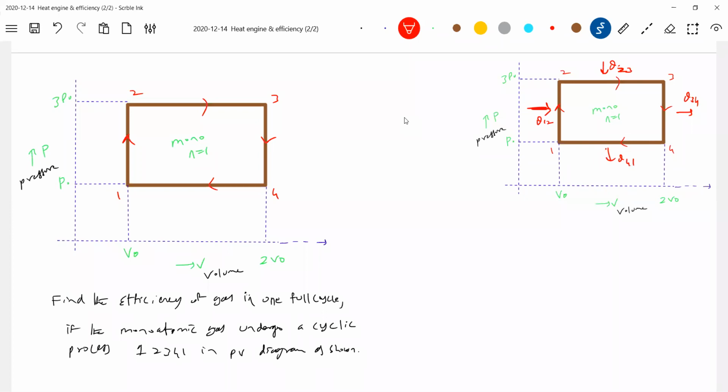So that is some basic idea. Now what are the things? First we'll go for net work done. Net work done is the area under the PV graph, because with the PV graph this will be much easier. Net work done equals the area in the PV diagram.